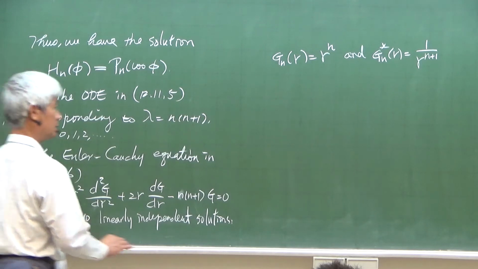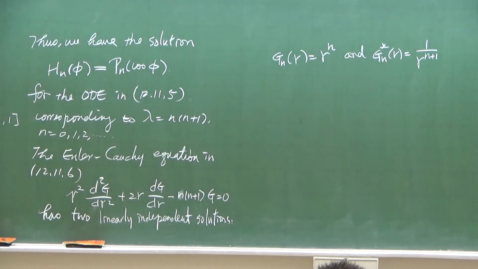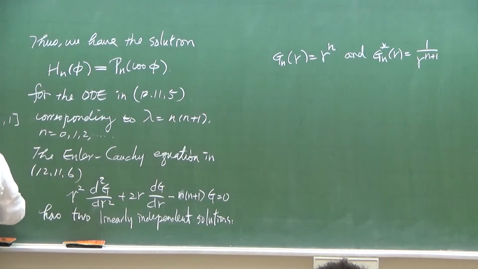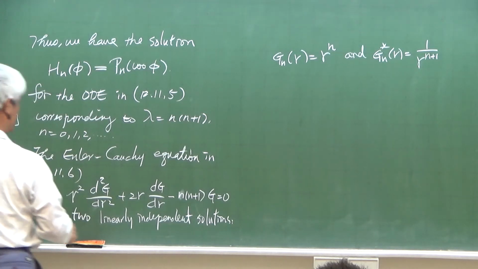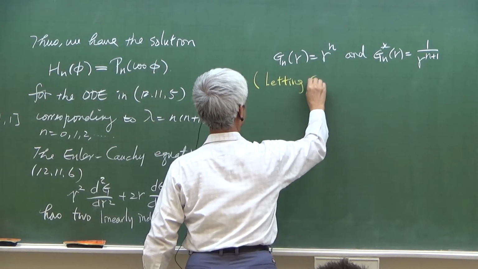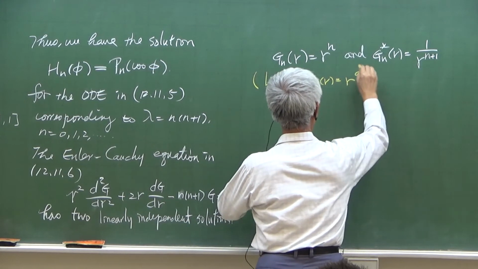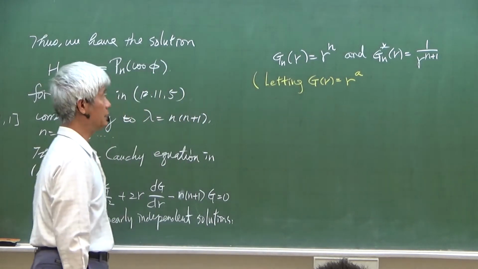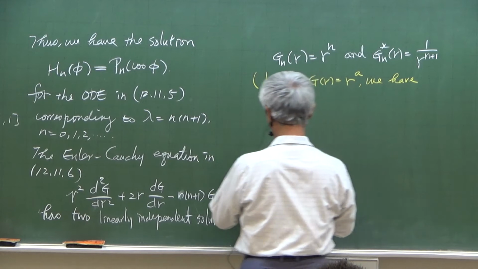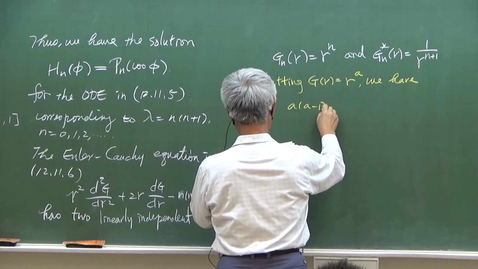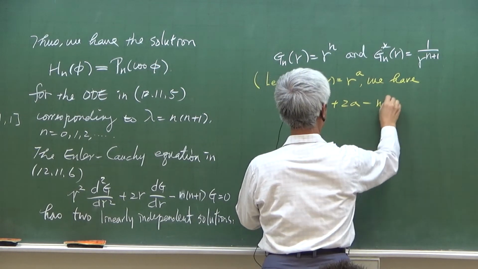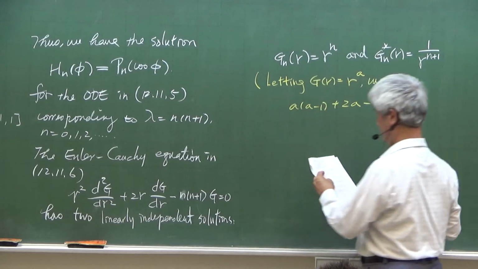So you can try. Actually, we are trying solutions. So we let G be r to the a, as a power. We have a times a minus 1 plus 2a minus n times n plus 1 equal to 0 to solve.